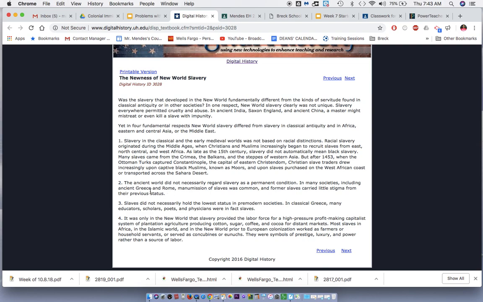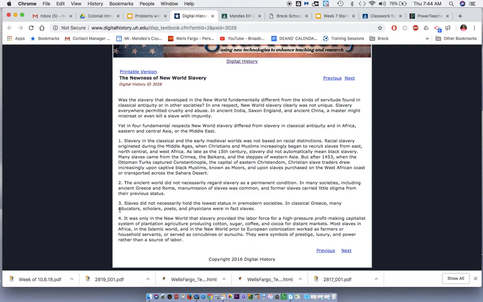So in other words, you were not born an enslaved person. You weren't designated a slave. You may have been captured during a battle and then placed into a state of enslaved labor, but you might not be that type of person for the rest of your life. American slavery, a little different. You were born an enslaved person and marked a slave.